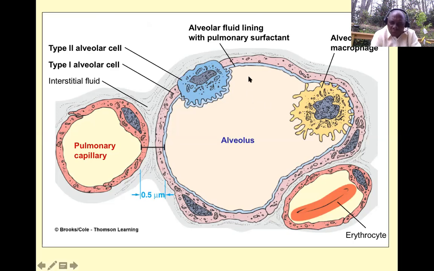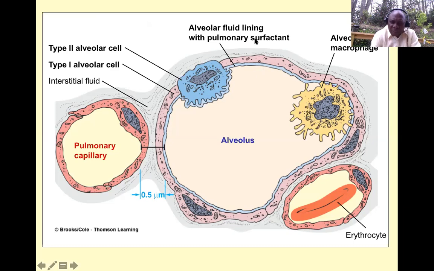So the force will be towards the center. And so if you just have water molecules without the surfactant, the alveolus will create a centripetal force towards the center, therefore making it hard to expand when you're trying to breathe.